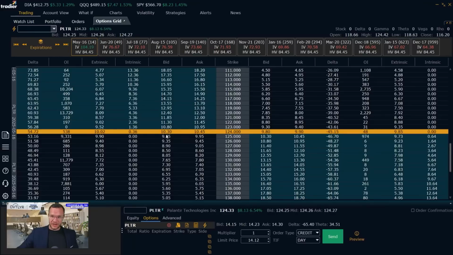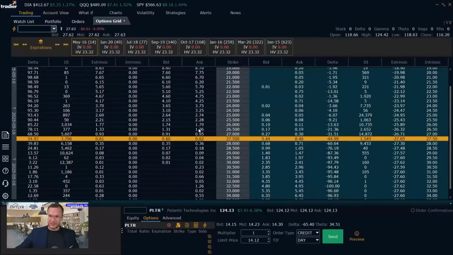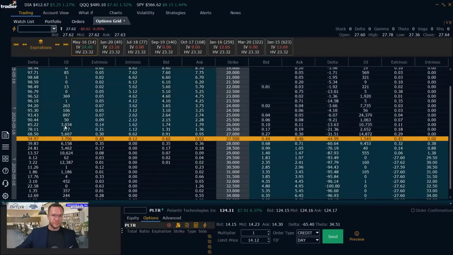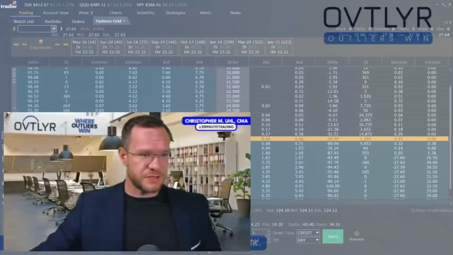In the money is right here. 2 strikes in the money on Palantir is really different than 2 strikes in the money on AT&T, right? 2 strikes in the money, we're already at 85 deltas. So generally, 70, 75 is where I would go from slightly in the money to deep in the money. But that's somewhat of a subjective term. Generally I'm going for the 80 delta.